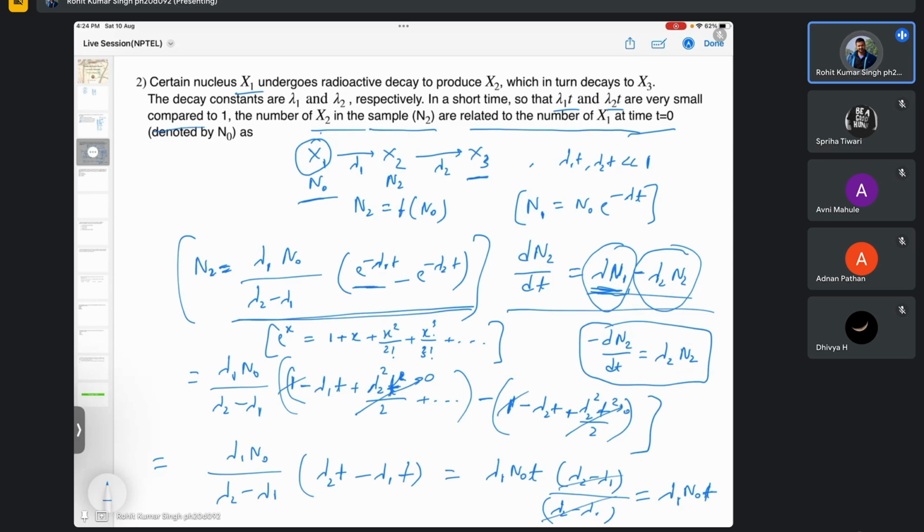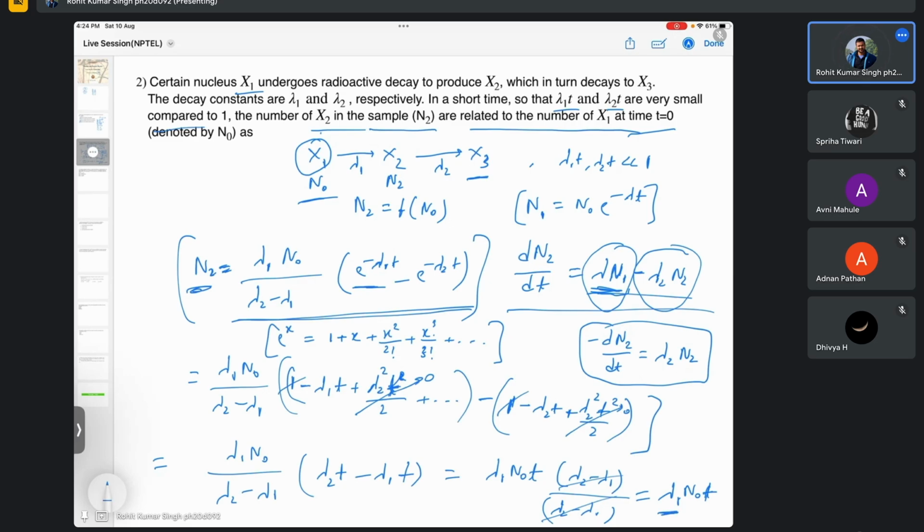Interestingly, you see that for a very short time, the number of X2 sample which is there depends only on lambda 1.